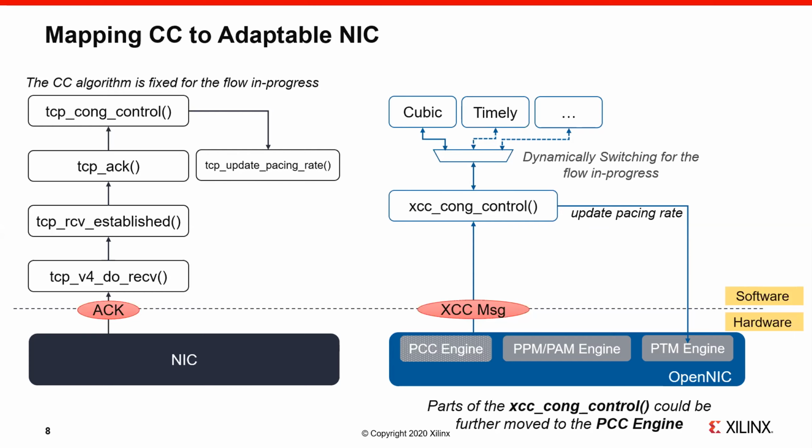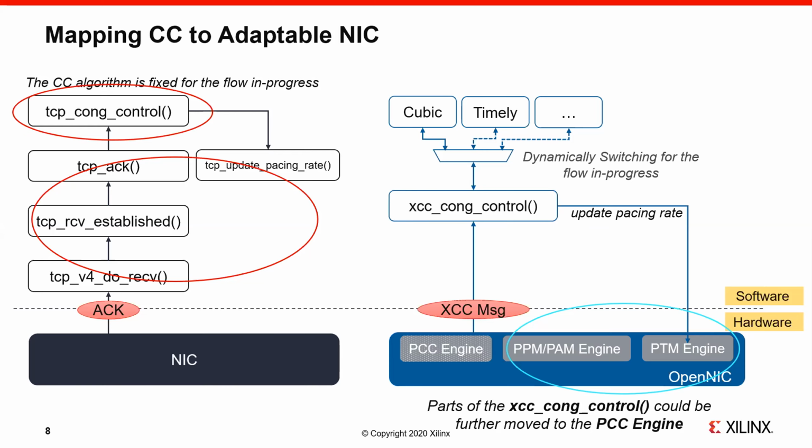Most of the processing is on the software side, and the NIC is just for forwarding packets. Now, you can see all the functions in this cycle, we could move into the programmable engines of our adaptable NIC, and we still keep the function, right?